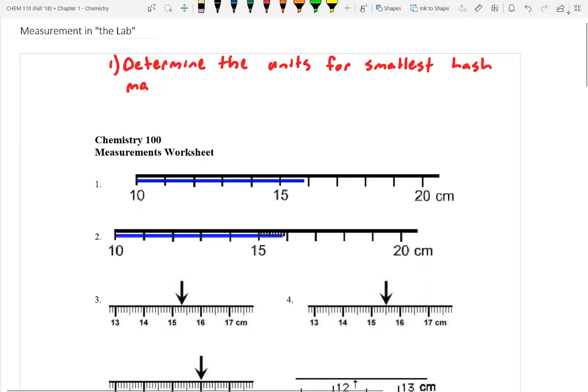And step 2 is estimate one digit past that.